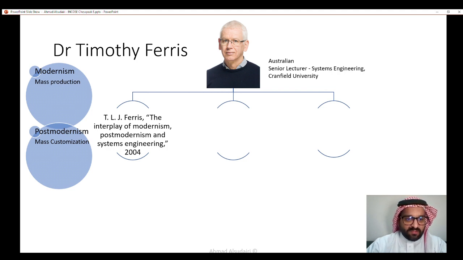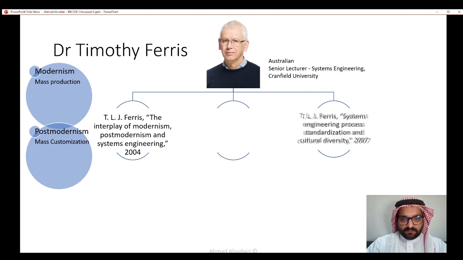This led to the philosophy of postmodernism, which led to more individuality of people. So in terms of systems engineering, modernism theories were leading to mass production. On the other hand, postmodernism theories were leading to mass customization. This was tackled in this article.